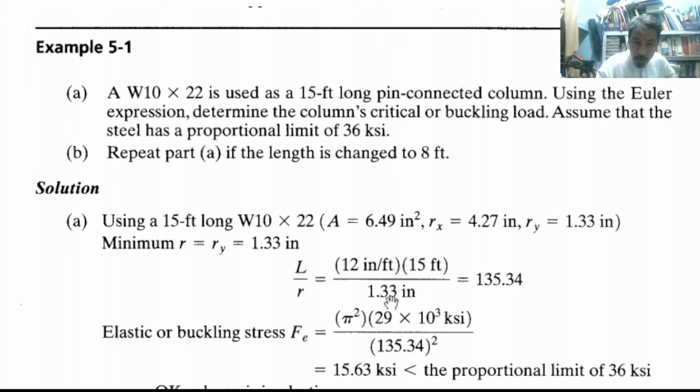We want the larger ratio because the larger ratio would be critical for failure. So the larger L over R ratio: 15 foot length of column divided by 1.33, then convert into inches. The answer is 135.